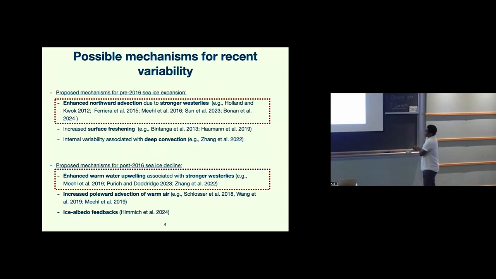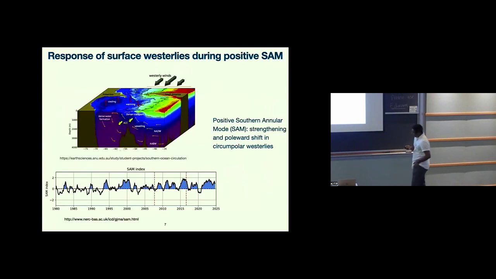And so what I want to highlight is these two sets of mechanisms. And the reason being is because they have an underlying physical driver. And the underlying physical driver is the trends in the Southern Annular Mode, which describes the intensification and poleward shift of the circumpolar westerlies.